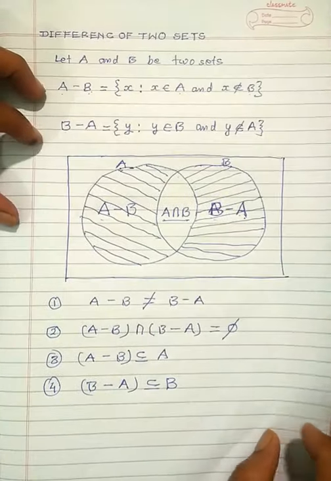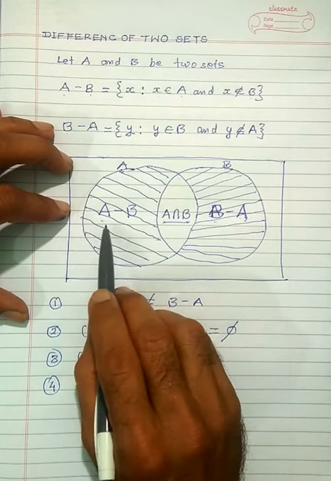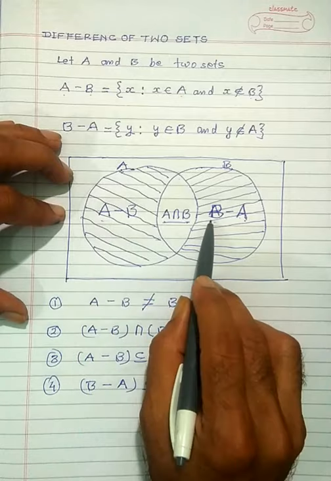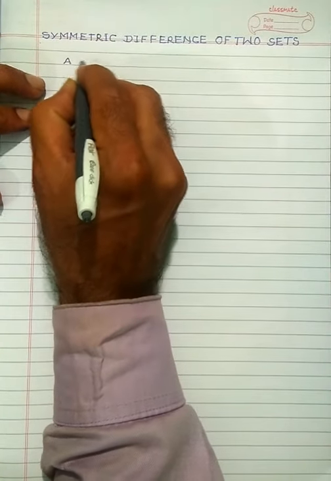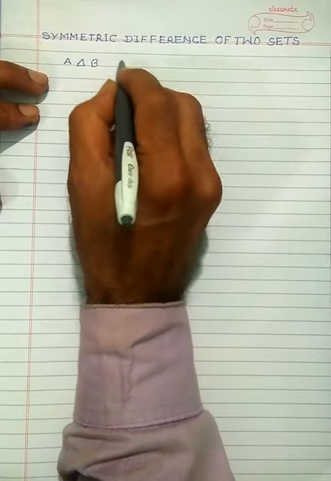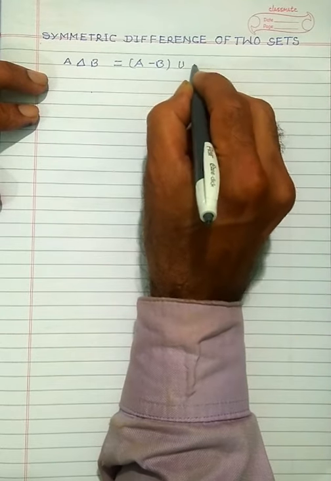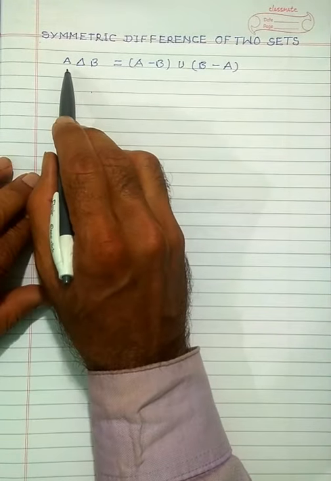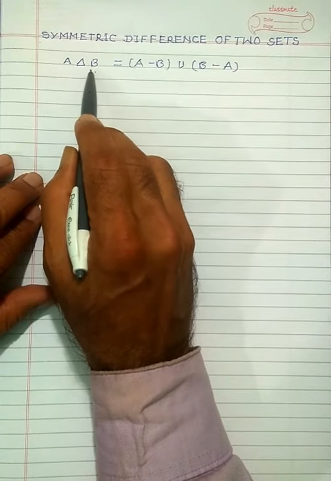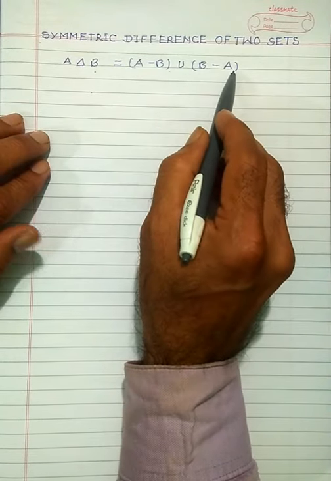By symmetric difference of two sets, we mean the combination of A minus B and B minus A. It means the combination of all the members of A minus B and B minus A forms the symmetric difference of two sets, and it is denoted by A delta B. A delta B is the union of A minus B and B minus A. In other words, A delta B is the set of all those elements of A and B which are not common in both.